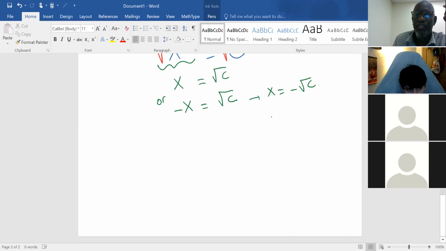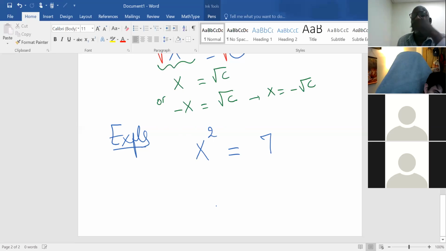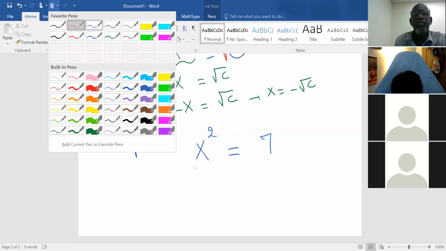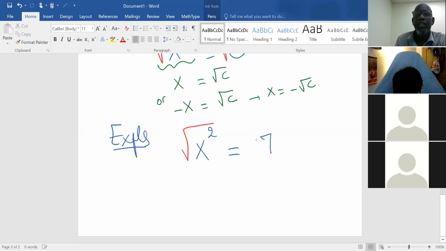Let's see examples. If you have x squared is equal to 7, what I do in practice is I do square root. What don't I forget to put? Positive and negative, plus or minus. Please do that. Square root, and then you don't forget plus or minus.